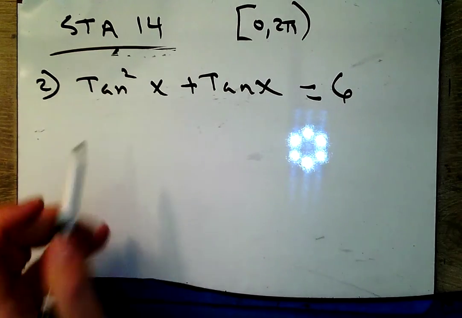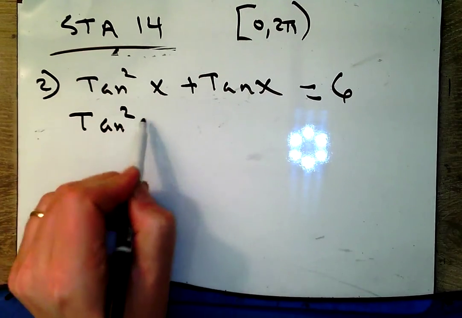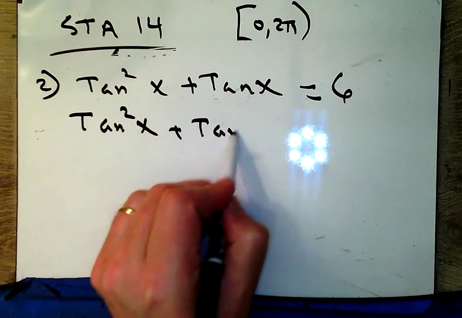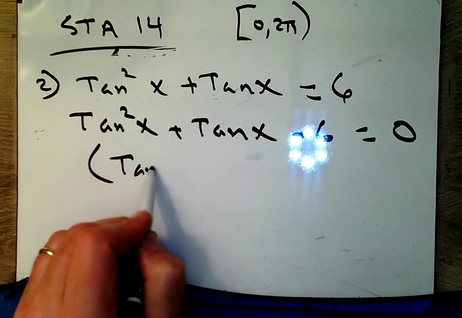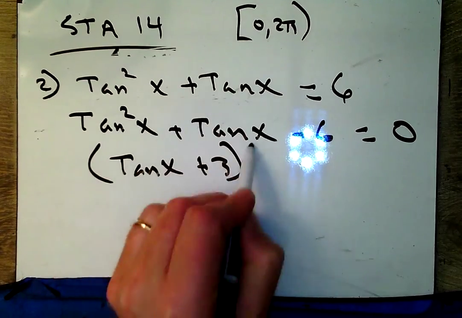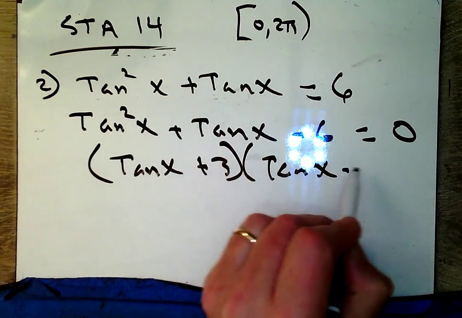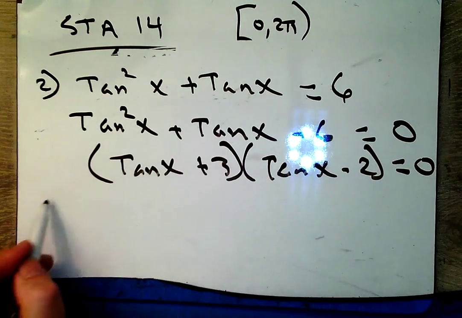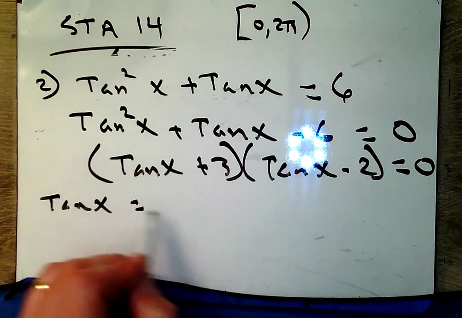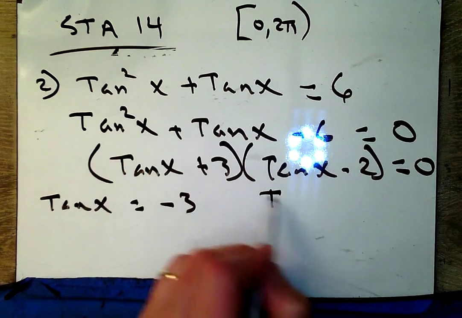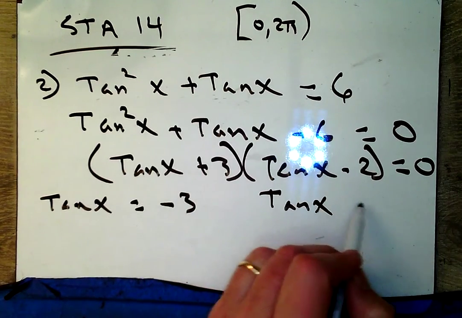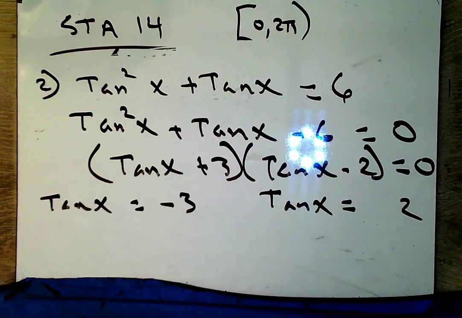Learn from your mistakes. Okay, tangent squared x plus tangent x minus 6 equals 0. And that factors: tangent x plus 3, tangent x minus 2, and again I'm going to set each factor equal to 0. So I'm going to get tangent x equals negative 3, and tangent x equals 2. All right, well, I have no idea.